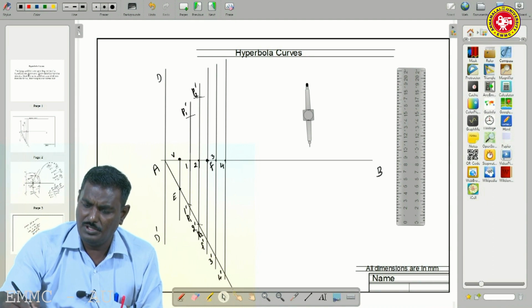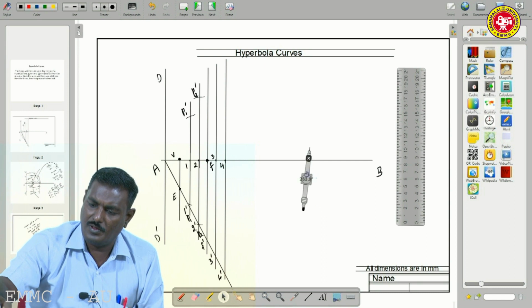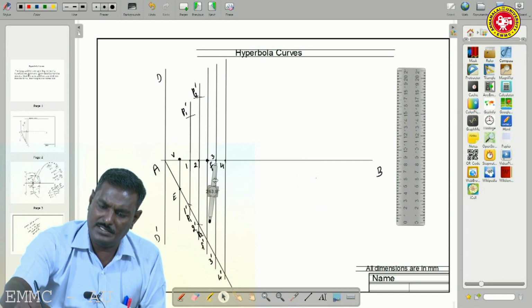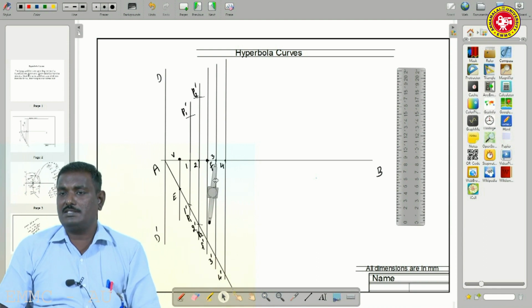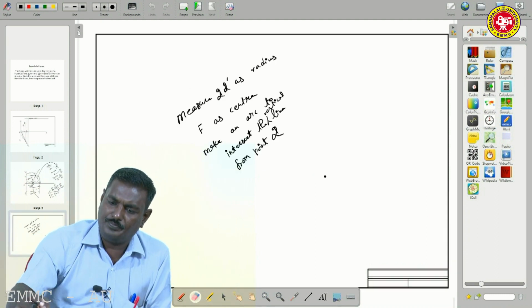Similarly, we take the compass and measure; the distance is the same. There is no need to take F dash as radius. Now we go for the next points.